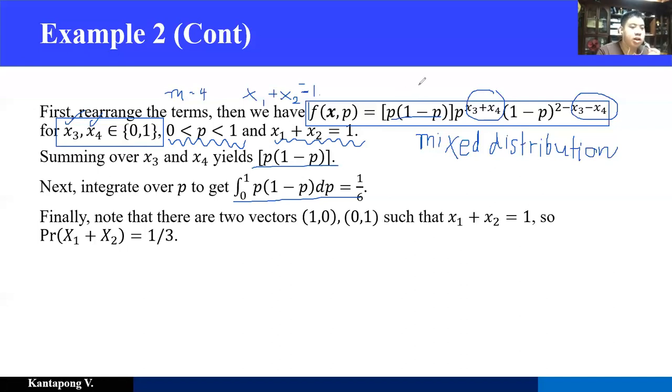This one is an umbrella for any combination, but we have to multiply by 2 choose 1. There are two vectors here such that x1 plus x2 is equal to 1. So the probability of x1 plus x2 equal to 1 is 1/3.